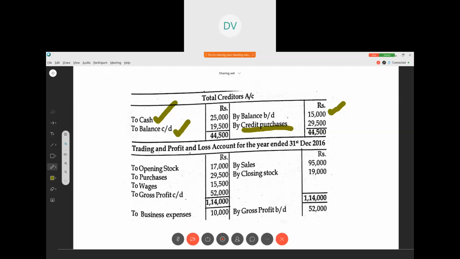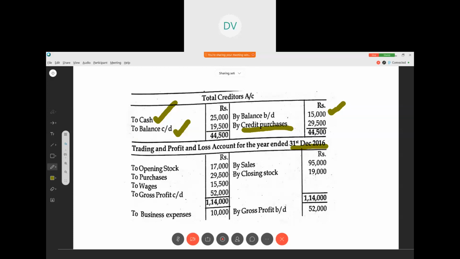Okay. The next one is trading and profit and loss account for the year ended 31st December 2016. Sorry, closing profit and loss account. So usually at the end of the year we are preparing. So opening stock they have given in the opening balance sheet. Opening stock is given. Purchases.